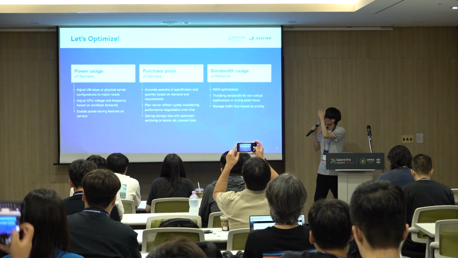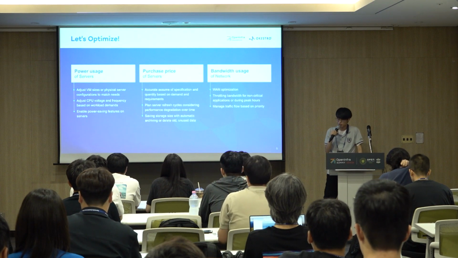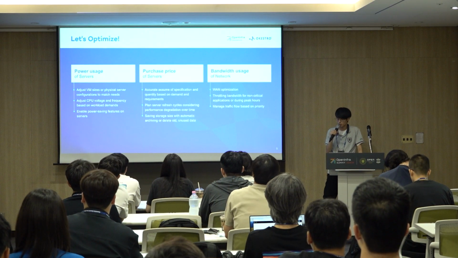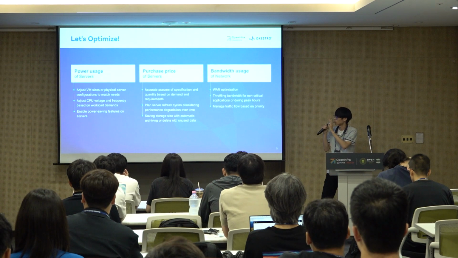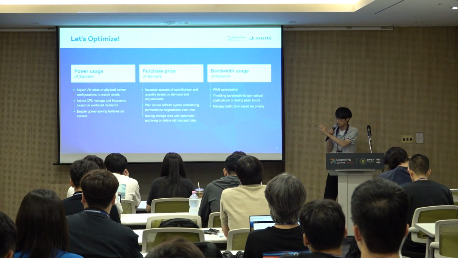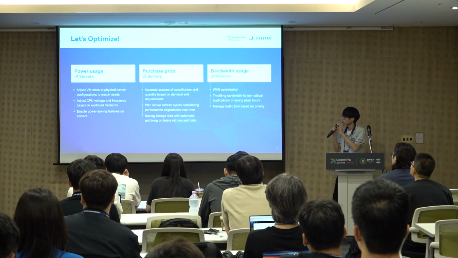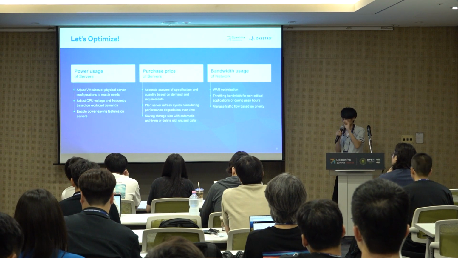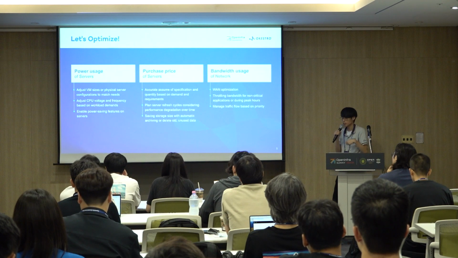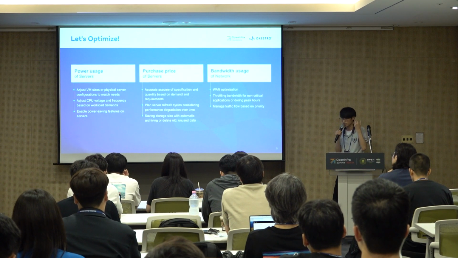For example, first, for server usage optimization, organizations can size and allocate resources to match workload requirements, clearly separate idle and active resources, and apply power saving policies to idle resources.